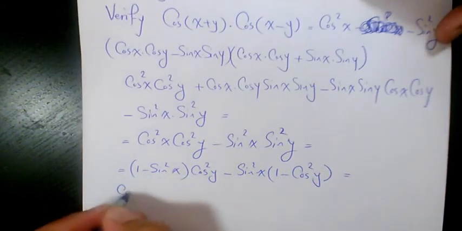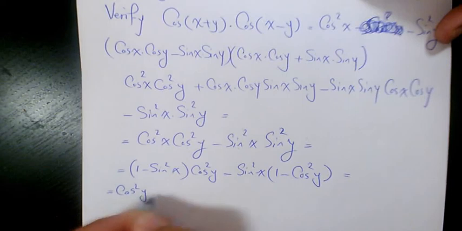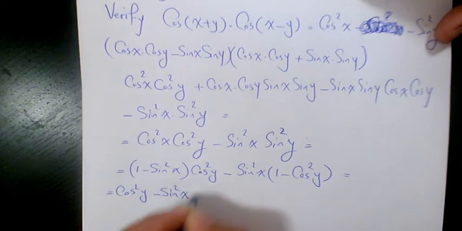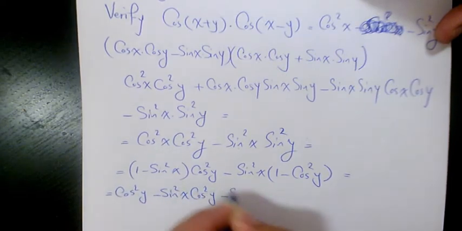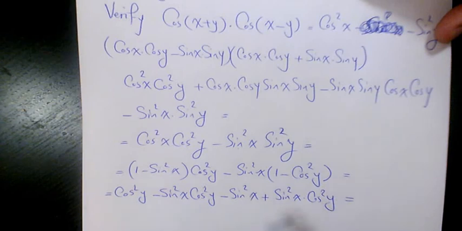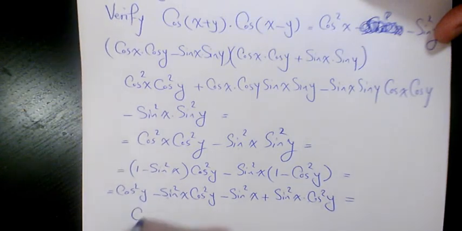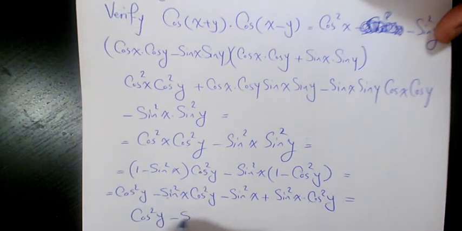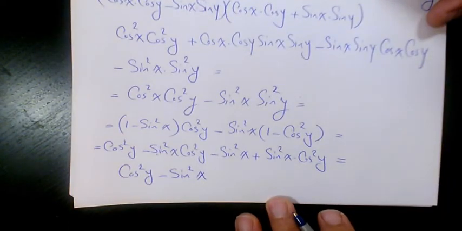When you multiply it, it's going to be cosine squared y minus sine squared x cosine squared y, minus sine squared x, plus sine squared x cosine squared y. These two are going to cancel out, and we're going to have cosine squared y minus sine squared x, as you see it in here.